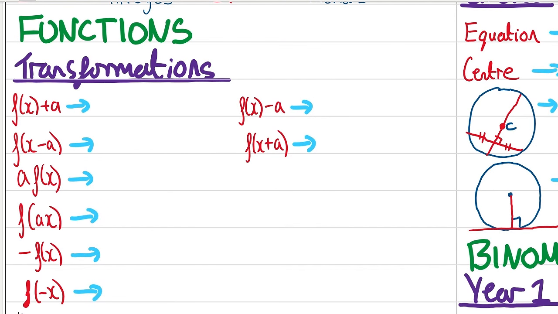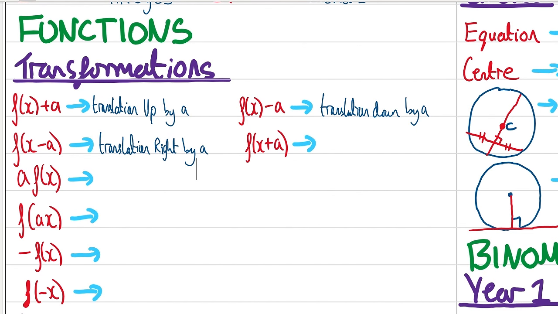Okay, graph transformations. If I add on a, that's going to be a translation upwards. And if I take away a, that's going to be a translation downwards. If I do f of x minus a inside the bracket, that's going to affect the x coordinate, and that will be a translation right by a. And if I do x plus a inside the bracket, that will be a translation left.